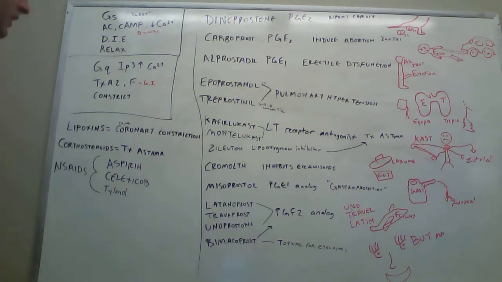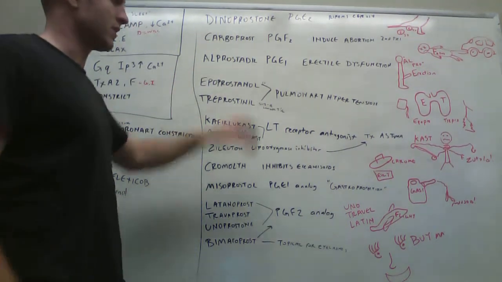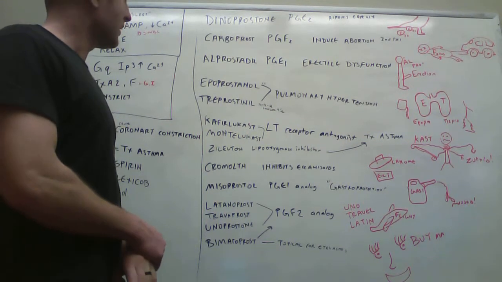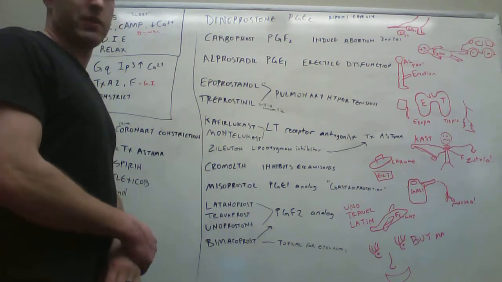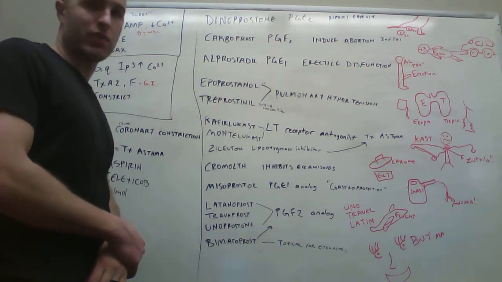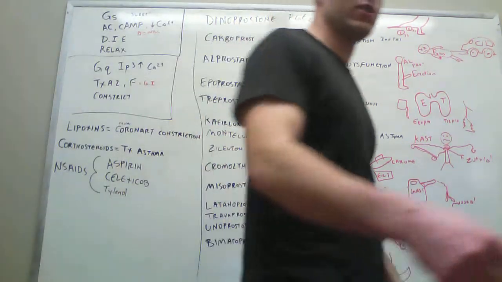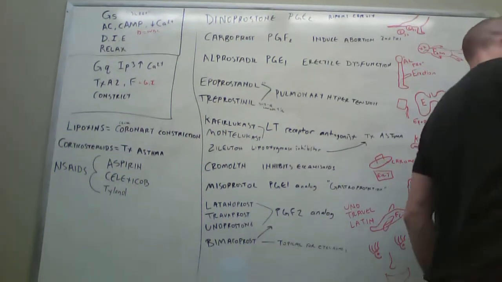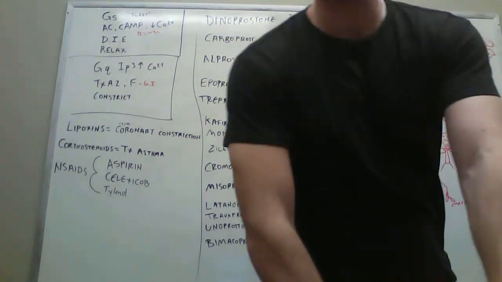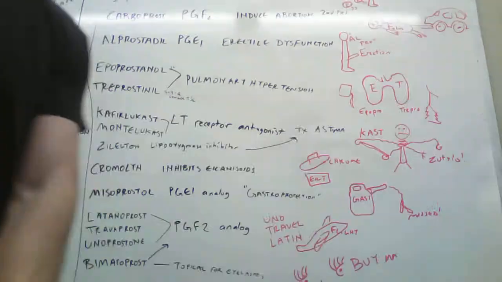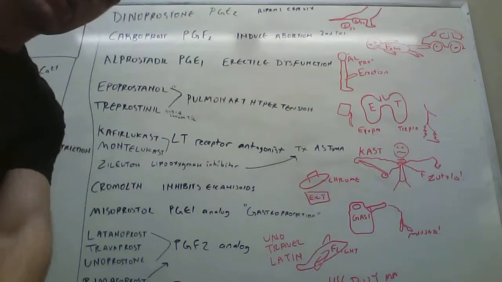Okay, now we're going to talk about some of these things over here to get them down. Dinoprostone. Okay, dinoprostone is a prostaglandin E2. I'm going to make this a little closer so you can see the ridiculous images I made here. So dinoprostone.